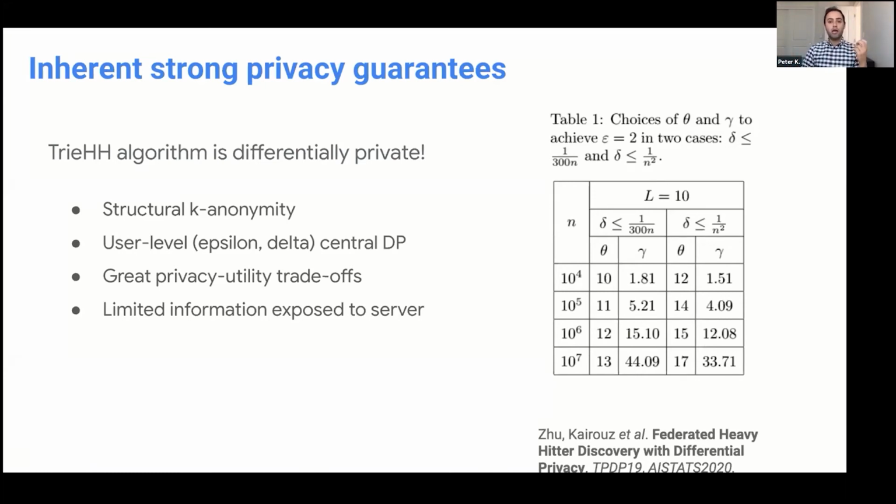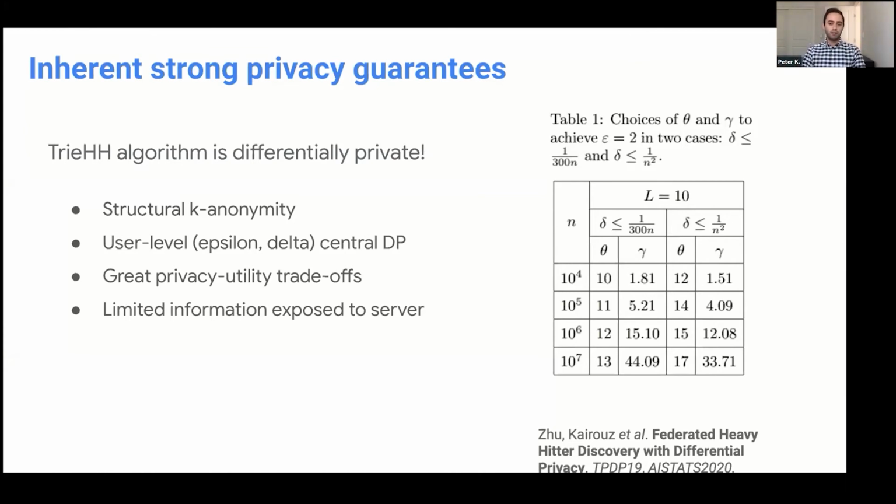We usually measure differential privacy properties of an algorithm via 2 parameters, called epsilon and delta. And ideally, we want both to be very small. We want epsilon to be on the order of a single digit, something like maybe 2, 4, 8. We want delta to be inversely proportional to the size of the population, so something like 1 by n, where n is the size of the population, or maybe even better, 1 by n squared, so 1 over a quadratic of the size of the population.